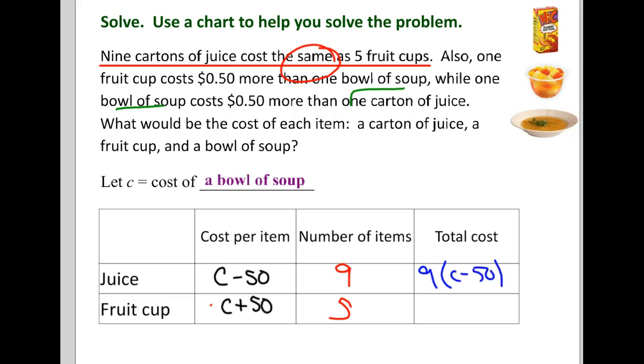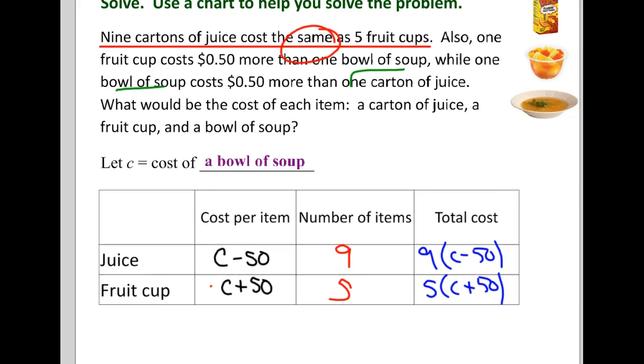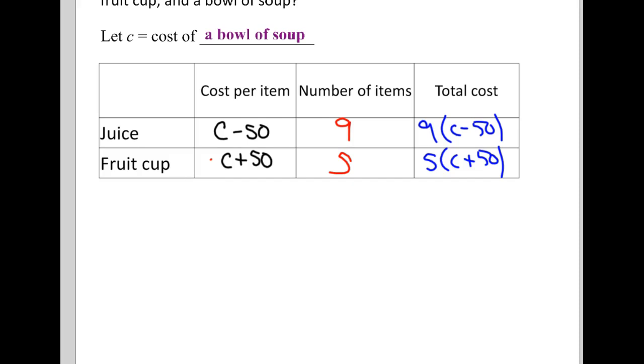Okay? 5 times the fruit cup, C plus 50. All right. Now, what is our equation going to look like? Because it says the word same up there, here's what we've got. 9 juice boxes, C minus 50, is the same as or equals 5 fruit cups.